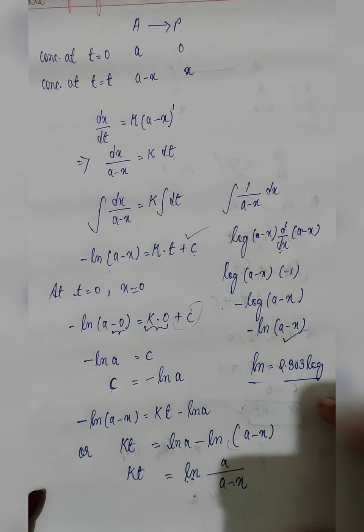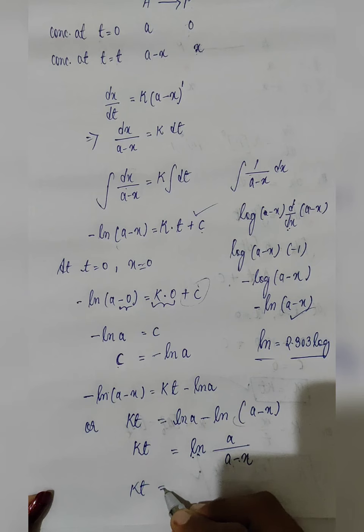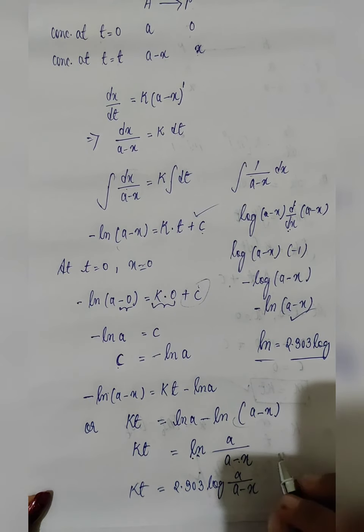So this very term can be written as kt is equal to 2.303 log a by a minus x.